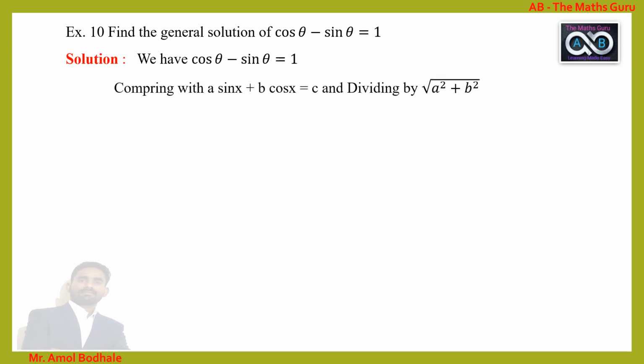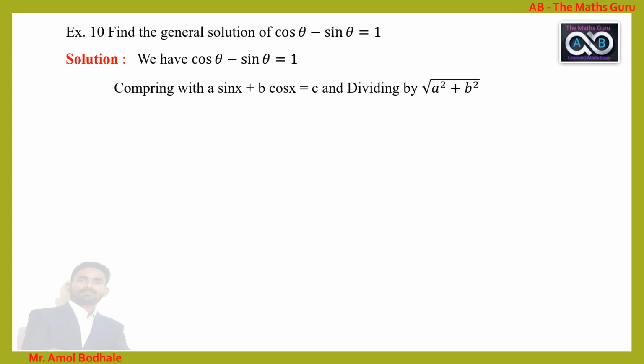Whenever the equation is in the form a sin theta plus b cos theta equal to c, or a sin x plus b cos x equal to c, to solve this type of example we must divide the equation by square root of a square plus b square.